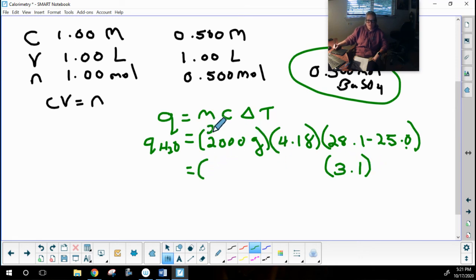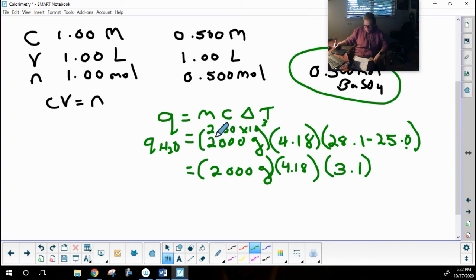This technically has 3 sig figs because it's 2.00 times 10 to the third, because I've got 1.00 for 3 sig figs here. So I'm now down to 2 sig figs. So I've got 2,000, which I'm going to remember was 3 sig figs, but it doesn't matter anymore. Grams, 4.18 joules per gram degrees Celsius, times 3.1.